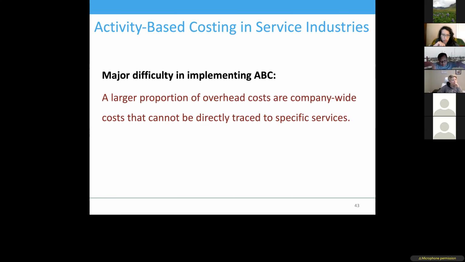They have different regions if it's a national firm. And each region also has leaders, the regional partners. So think about all these senior level admin people. How are you going to allocate their salaries to the different services? They are not doing one particular service.